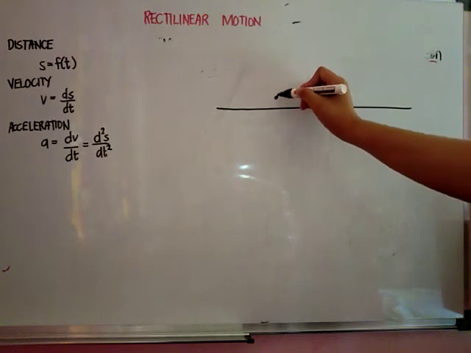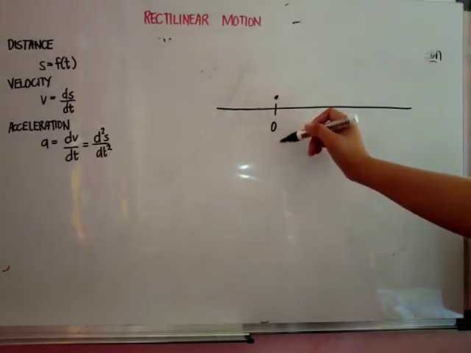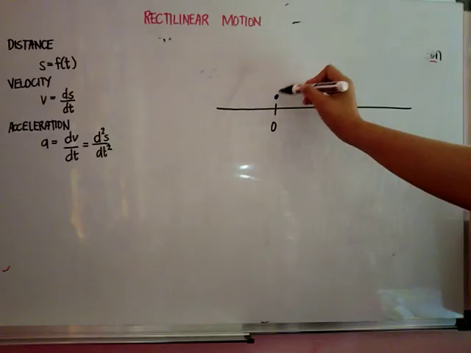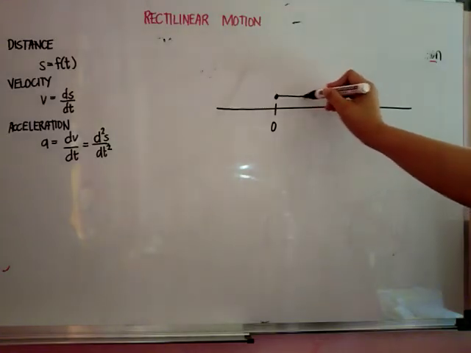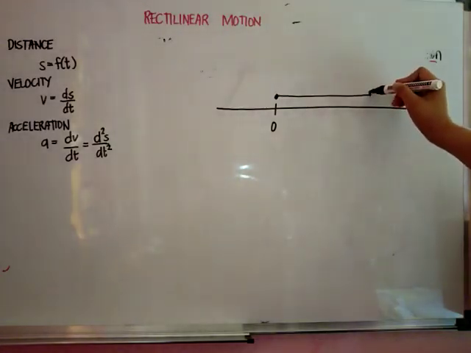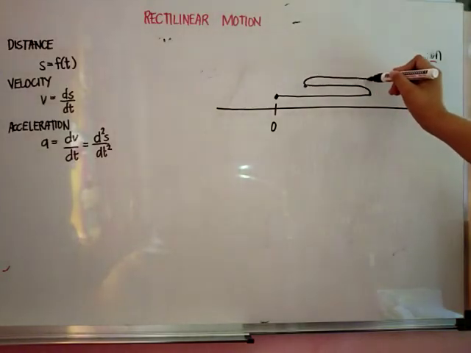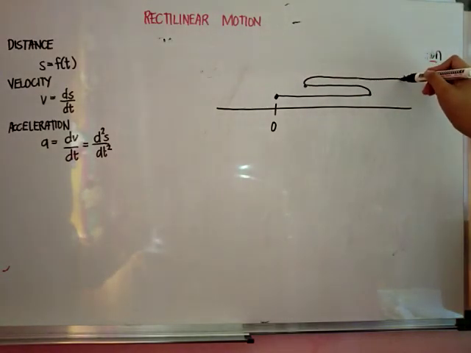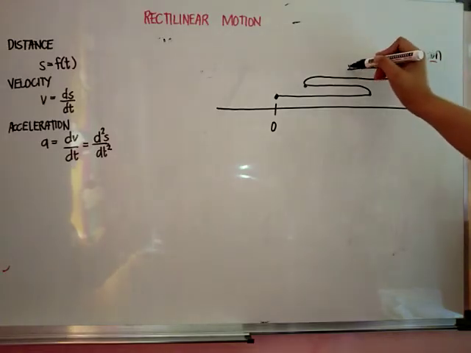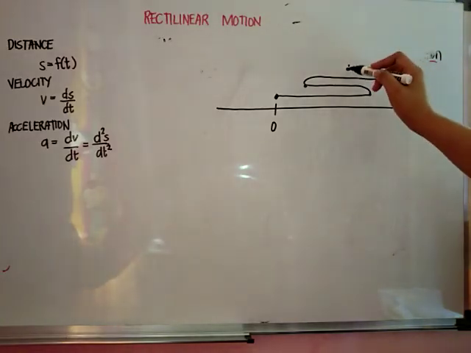So, let's say yung particle, this is the starting point. So, let's say sa 0 siya nag-start. Then, nag-move siya pa ganito. Then, at certain point, bumalik siya. And then, nag-change siya ng direction. And then, continuously, papunta dito. Then, papunta dito. So, halimbawa, ito na yung end point niya.